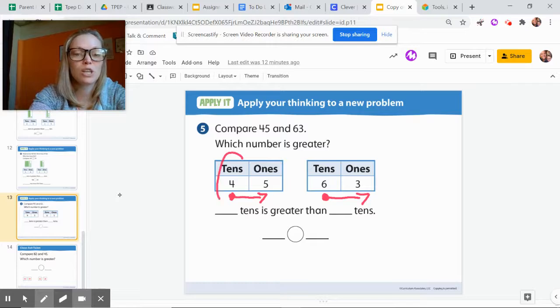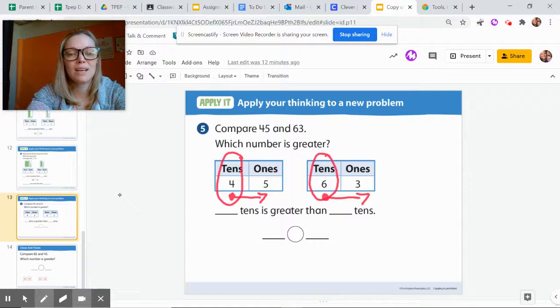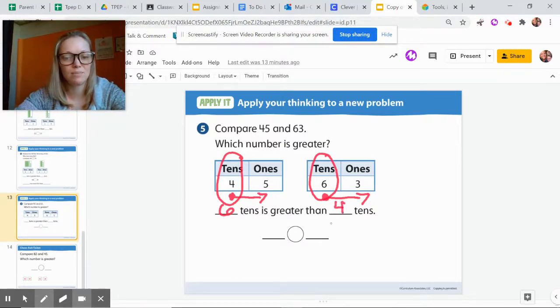Start on the left, then go this way if I need to. So first I'm going to check my tens. I have 4 tens and 6 tens. Which is more? 6 tens. So over here I would write 6 tens is greater than 4 tens. Okay. So down below, which number was greater, 45 or 63? The one that had 6 tens, right?